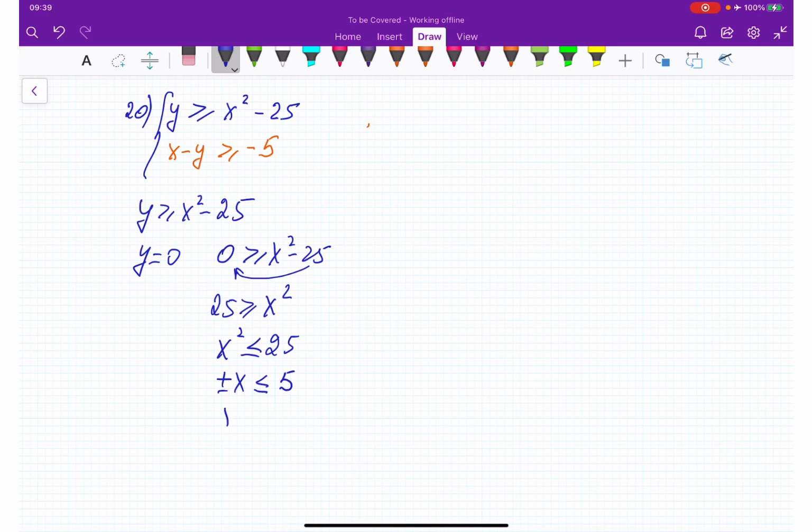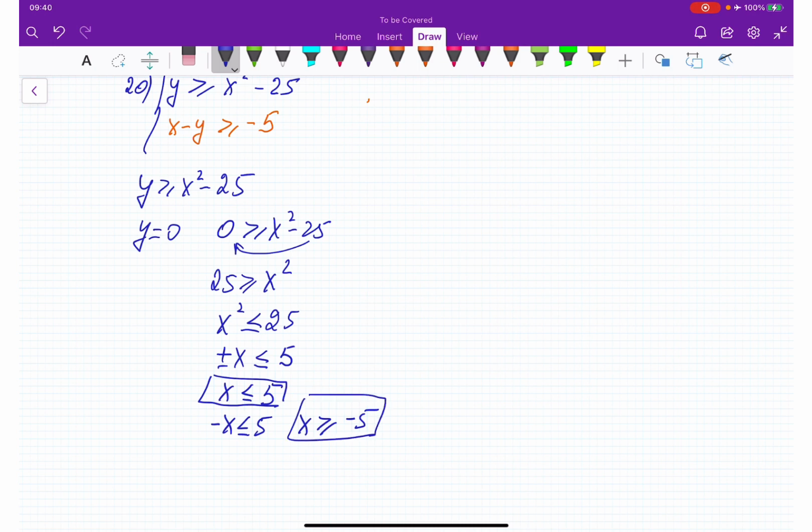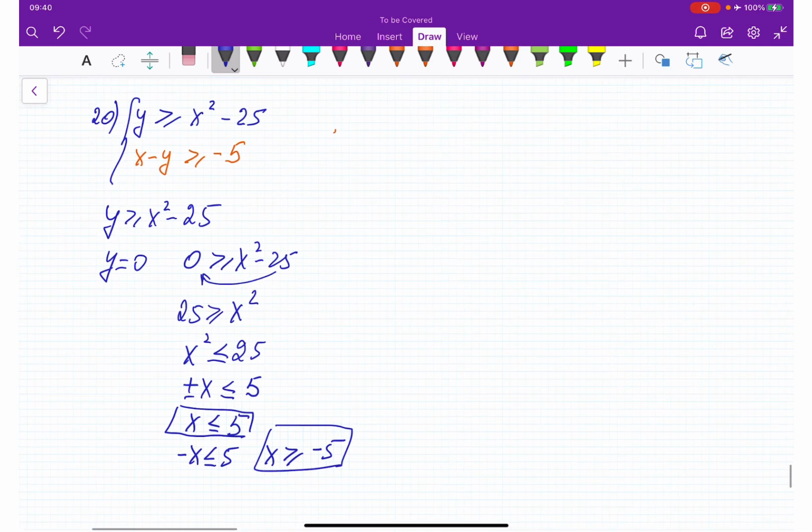Okay, x less equal 5, and then, excuse me, negative x less equal 5. From here, x is greater equal negative 5. So this is first one condition, and this is second condition for the solution. So let's shade it.